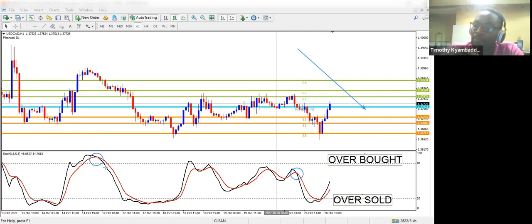However, if you're looking for buying opportunities, then you're going to look for oversold conditions. And that could have been seen here. If anybody had wanted to buy the USD card, when this happened, the market became oversold and then began to get out of the oversold region, you could have begun to look for buying opportunities if your bias had been buying.